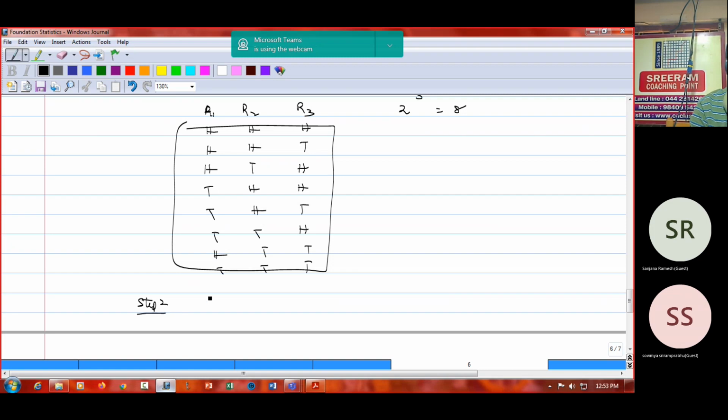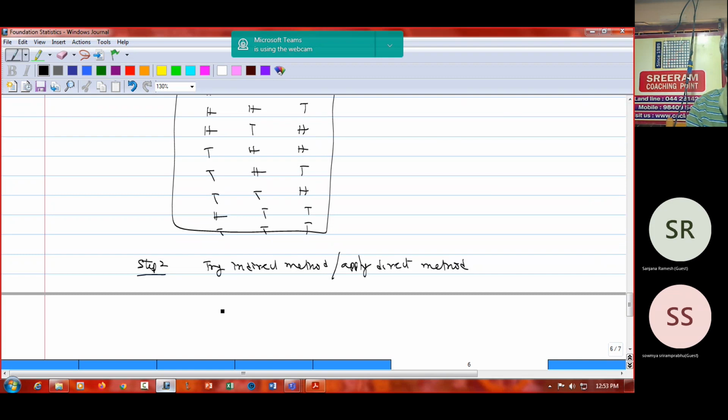Step number 2: try the indirect method, or else apply the direct method. What do you mean by the indirect method? Complementary. You all know that the sum of the probabilities is equal to 1.